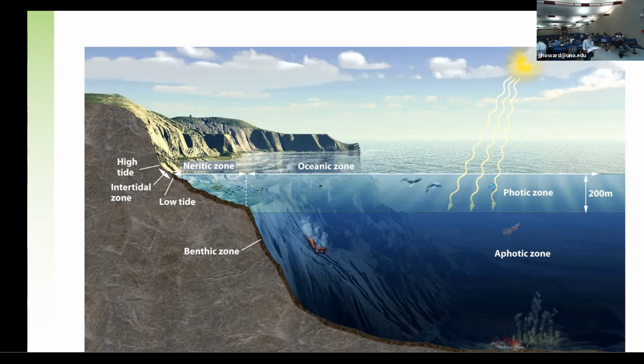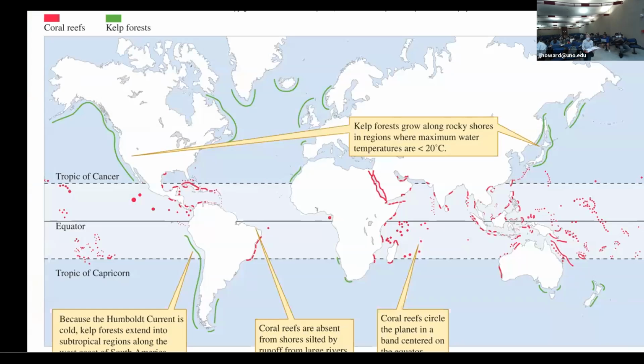Right, so the open ocean then lacks nutrients, which are mostly captured by organisms in the neritic zone, close to the coastlines. That neritic zone is extremely productive. That's where most of the ocean production goes on.